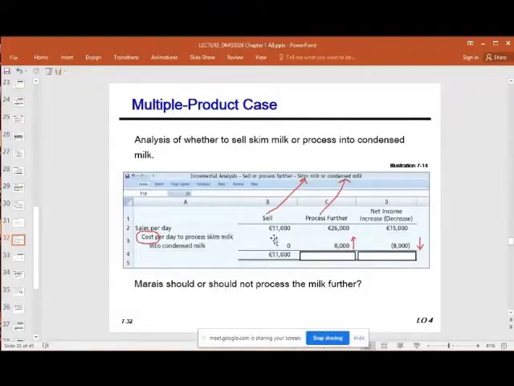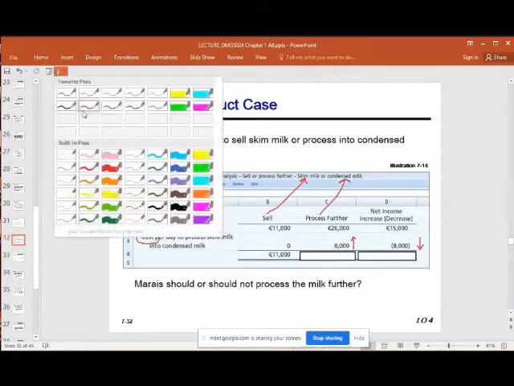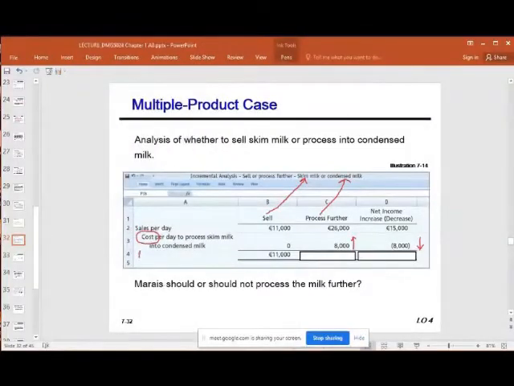So this one, let's complete it. Sales minus cost, you get net income. Same thing here. They didn't put, this is net income. So when you sell, sales 11,000 minus 0, net income is 11,000.